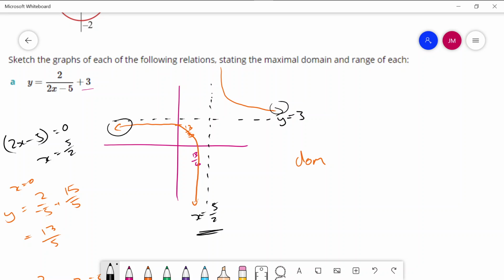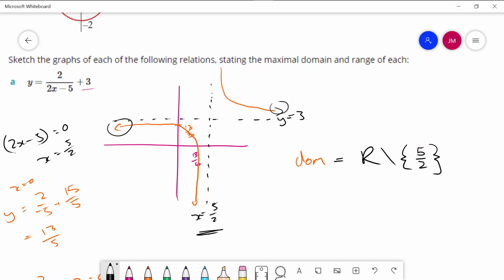So we could say negative infinity up to 5 on 2, double inclusive, or 5 on 2 up to positive infinity, or you could write it as all the set of reals, so every possible number except the value 5 on 2. So that's my set brackets, which are terribly drawn there. That means it's all the possible numbers from negative infinity to infinity except for 5 on 2.